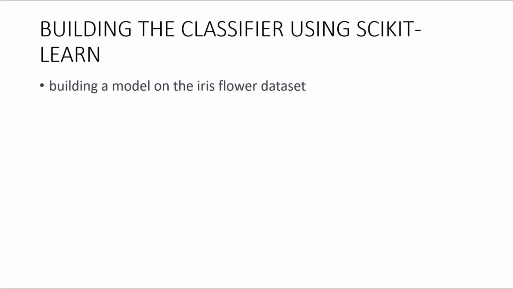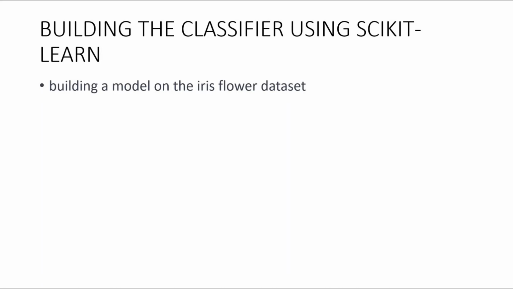We will be building a model on the iris flower dataset, which is a very famous classification set. It comprises the sepal length, sepal width, petal length, petal width, and type of flowers.